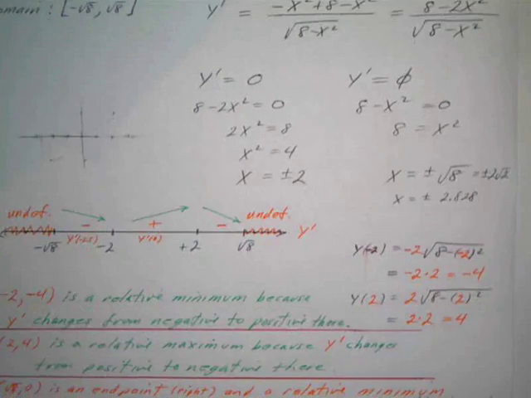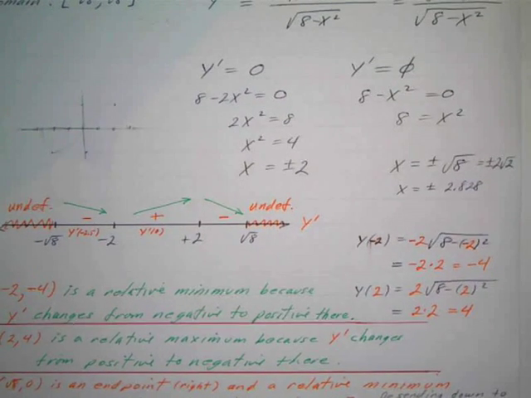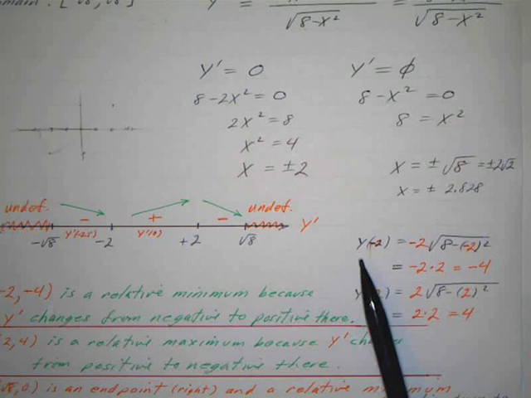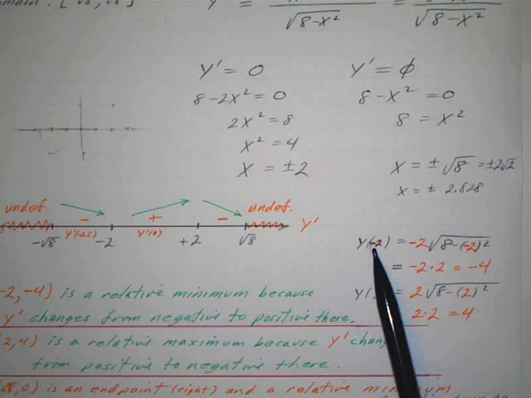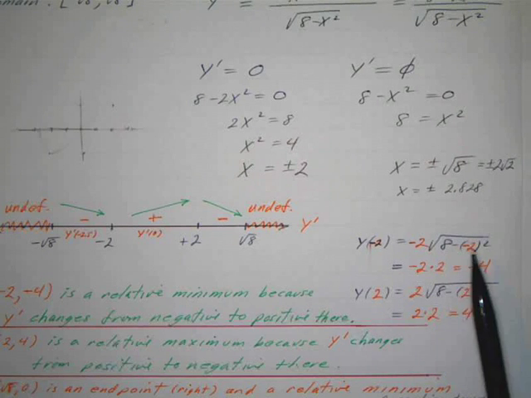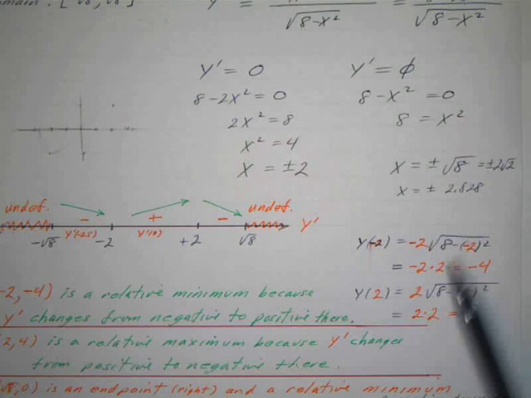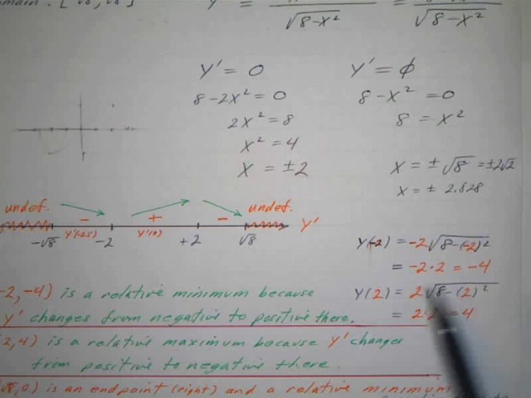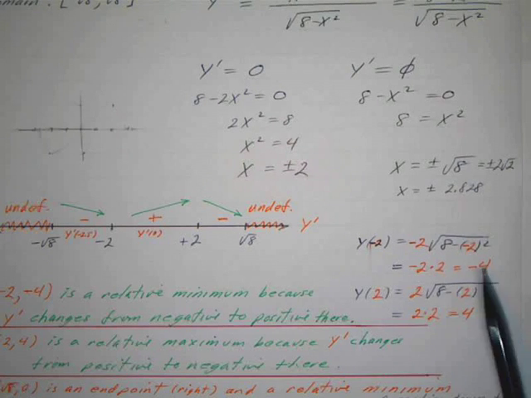I'll put these into the original function. So here's the original function. And I've got y of negative 2 equals negative 2 times the square root of 8 minus negative 2 squared. Negative 2 squared is 4, 8 minus 4 is 4, so the square root is 2, and negative 2 times 2 is negative 4.